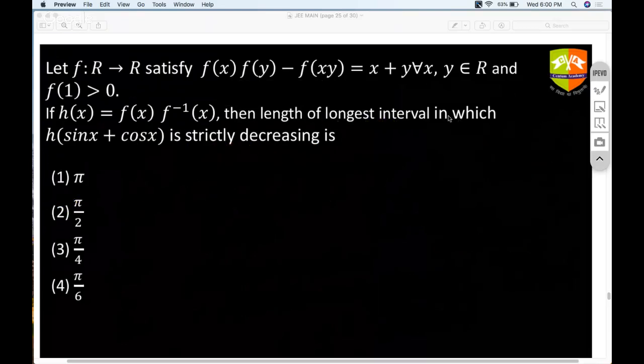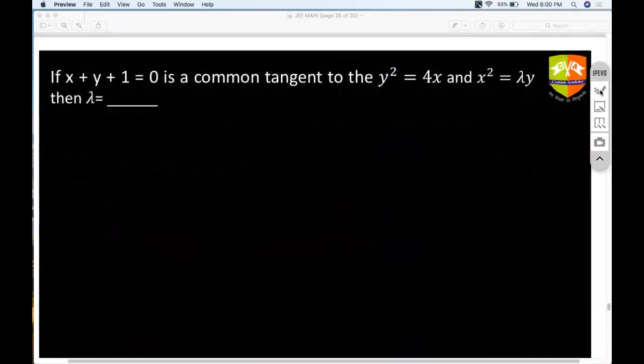That's question number 26. This is a single integer type question.